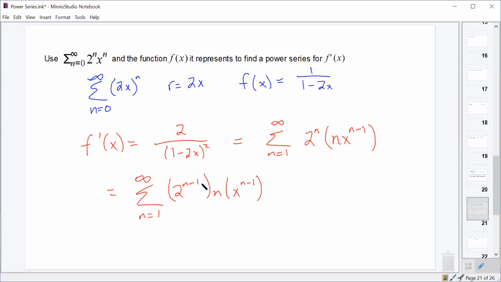But if I made 2 to the n into 2 to the n minus 1, what do I have left over? I still have to put in an extra 2, which should turn this into the sum from n equals 1 to infinity of 2n times 2x to the n minus 1. Good or no?